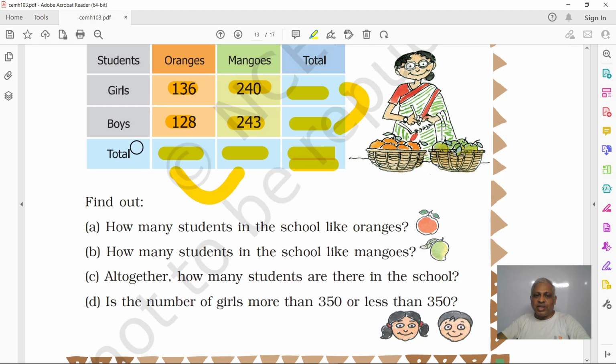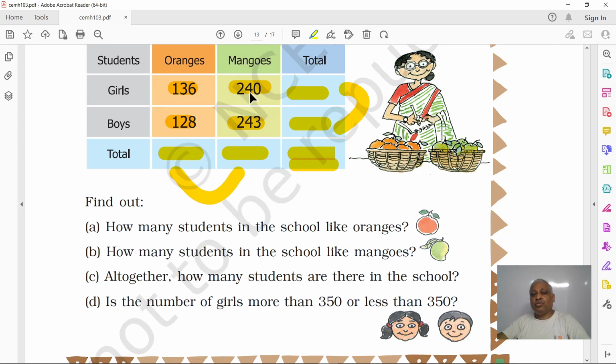So we will try like this. Girls, without adding. So 136 means 100 is here. 240 means 200 is here. 100 plus 200 is 300, right? And in tens, we have 3 here, 3 tens, 30.